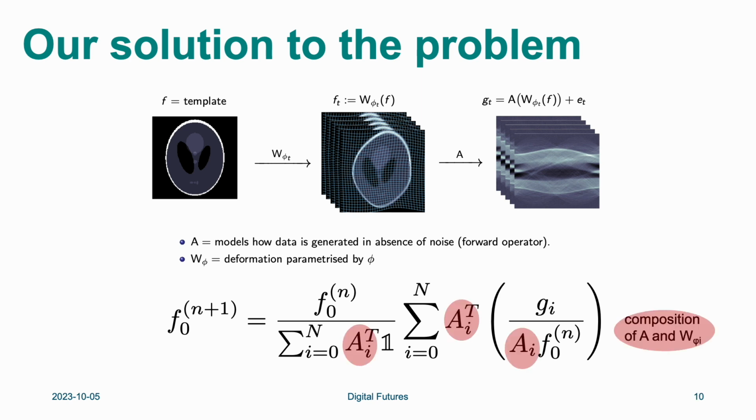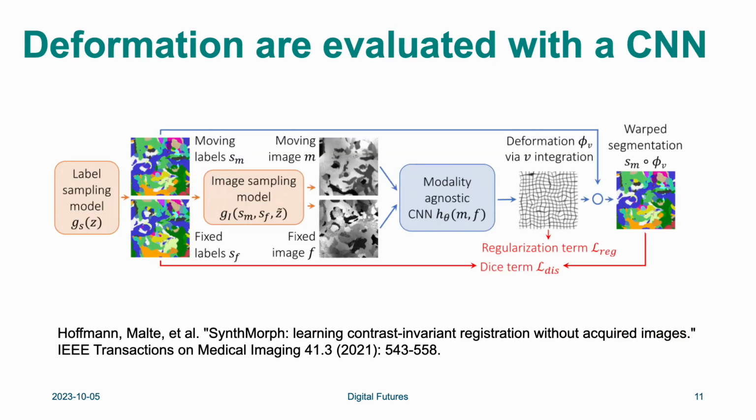We have modified the standard reconstruction algorithm for PET images, so to have, instead of just the forward model of the acquisition, the composition of the forward model of the acquisition and of the movement. Now, if you want to reconstruct the movement, you have to do some kind of registration in image space.